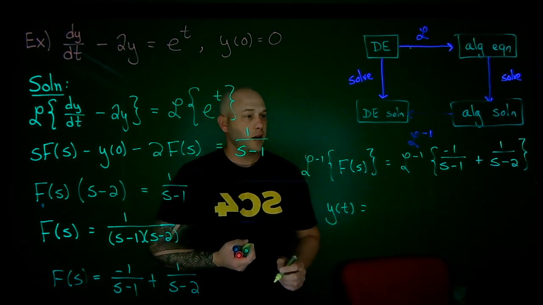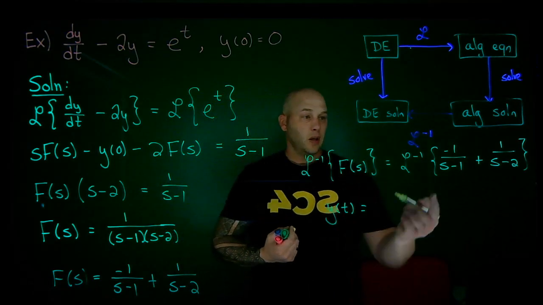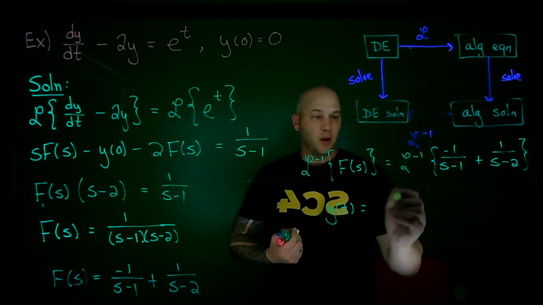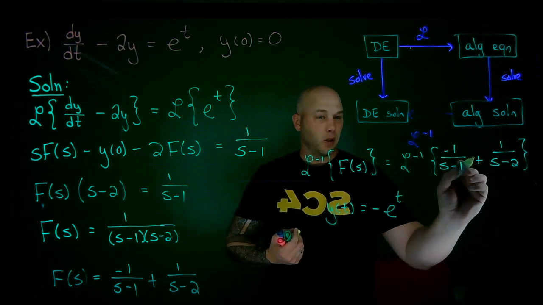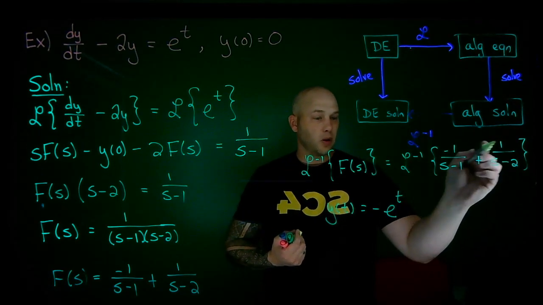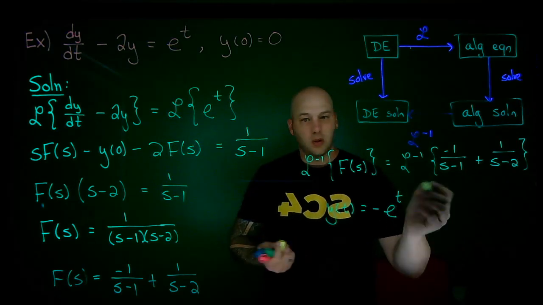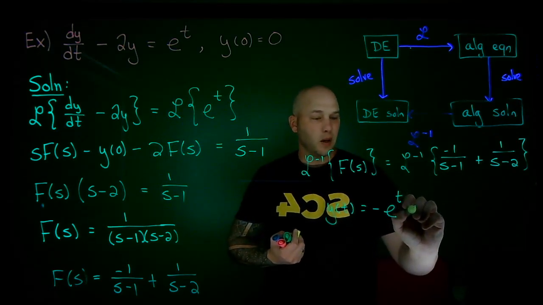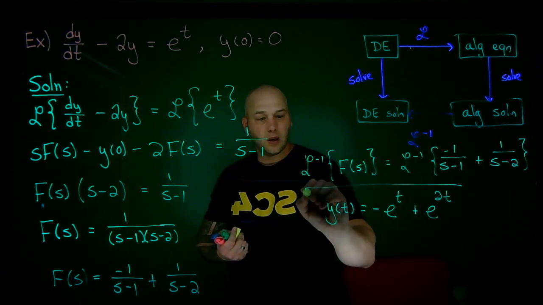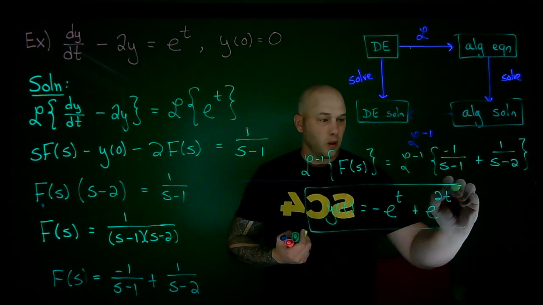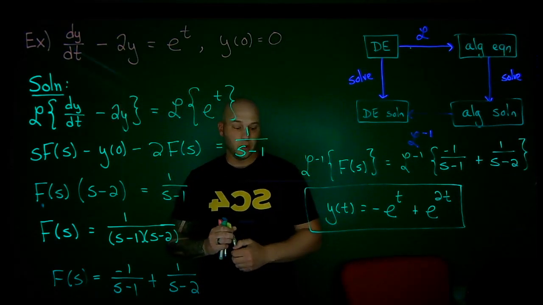And on the other side, it looks like I'm going to have a linear combination of some exponentials. Negative 1 over s minus 1 is going to be negative e to the t, and then plus 1 over s minus 2, or more precisely the inverse transform of that, is going to be plus e to the 2t, and this would be the particular solution, or the exact solution, of the initial value problem.